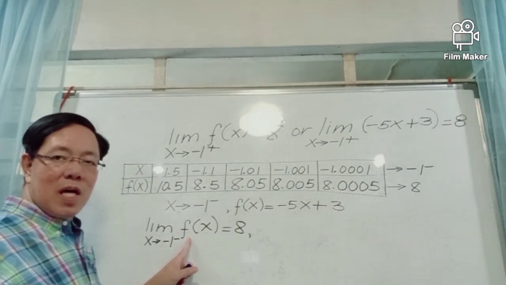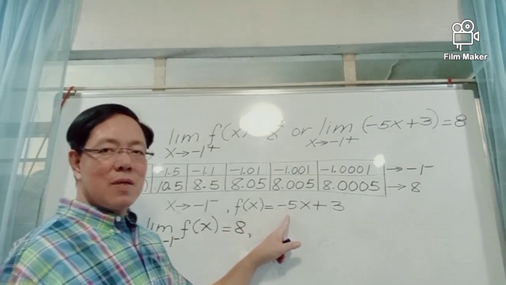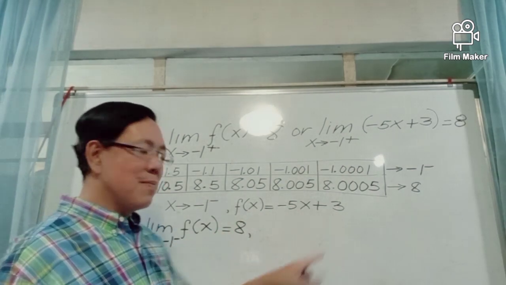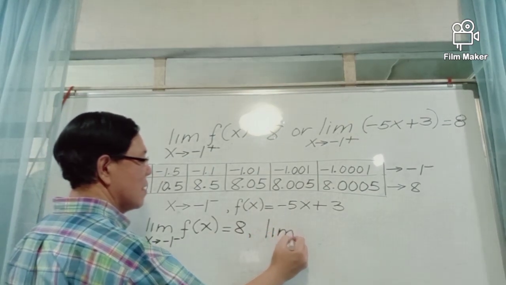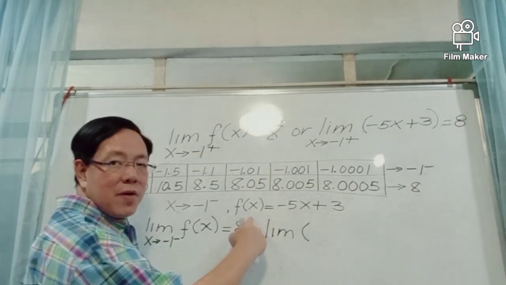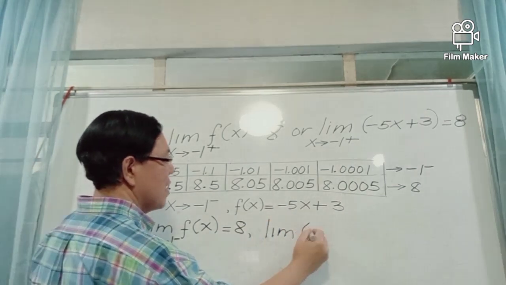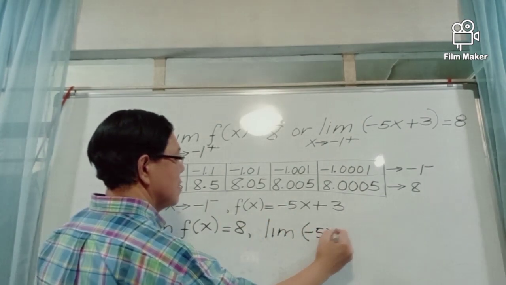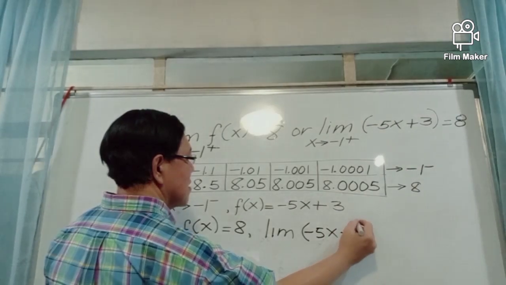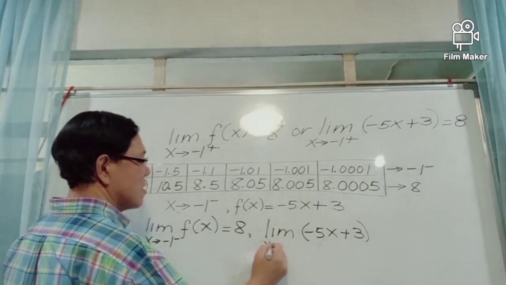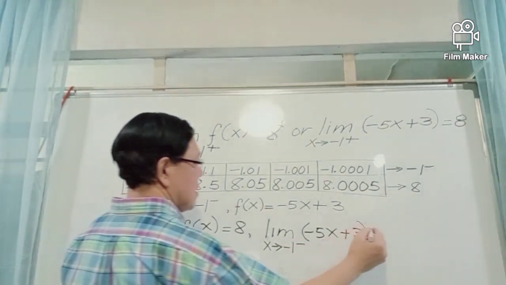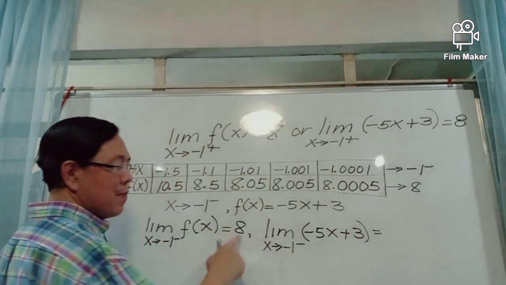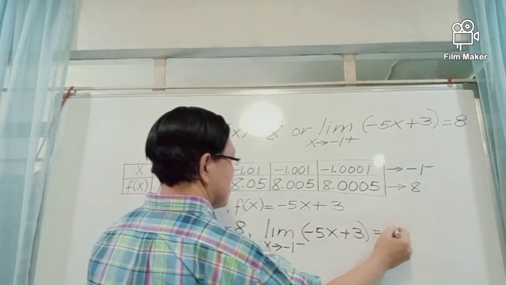And since our function f of x equals negative 5x plus 3, we can write this as the limit of the function f of x equals negative 5x plus 3 as x approaches negative 1 from the left is equal to positive 8.